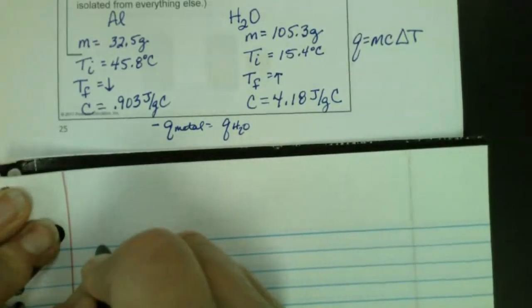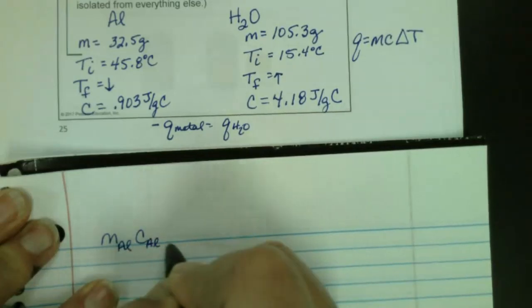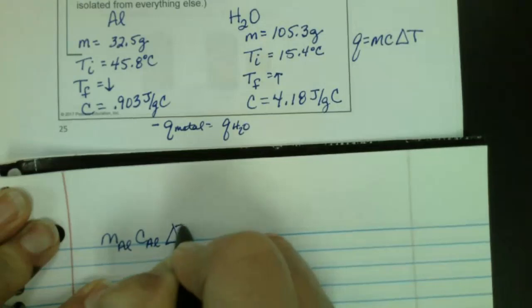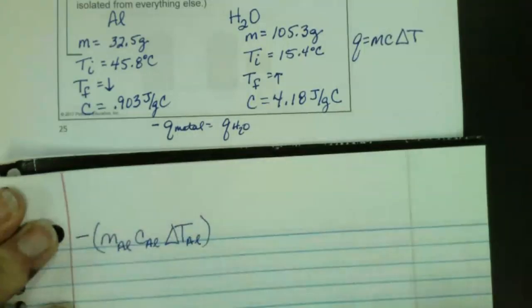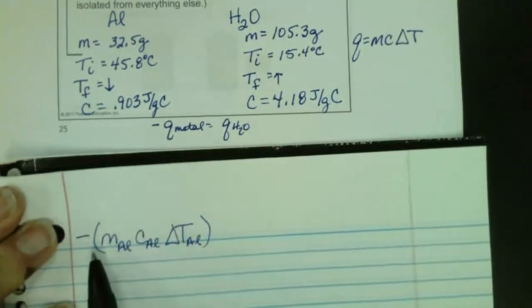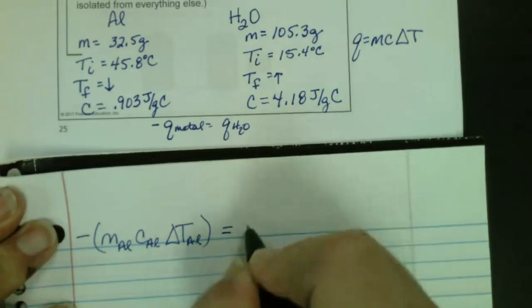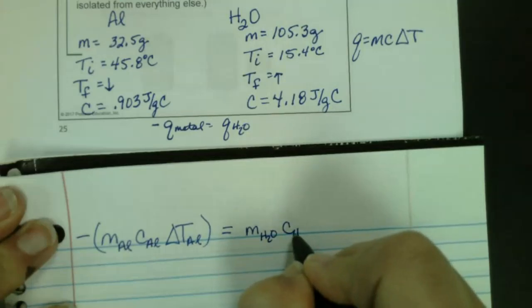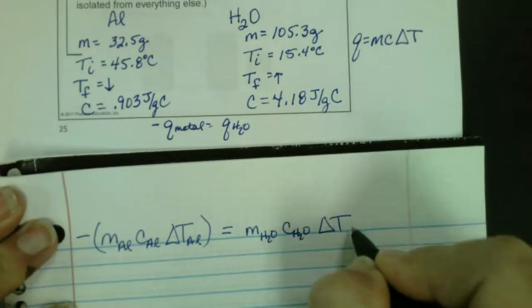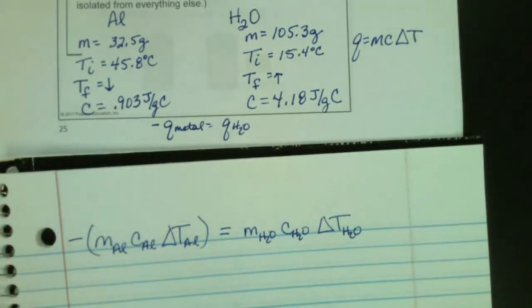So we know the mass of the aluminum times the specific heat of the aluminum times the change in temperature for the aluminum. Notice, because it's a negative Q, I put this with a negative value. That's going to be important. Equals the mass of the water times specific heat of the water times the change in temperature of the water. So I'm going to fill those values in.